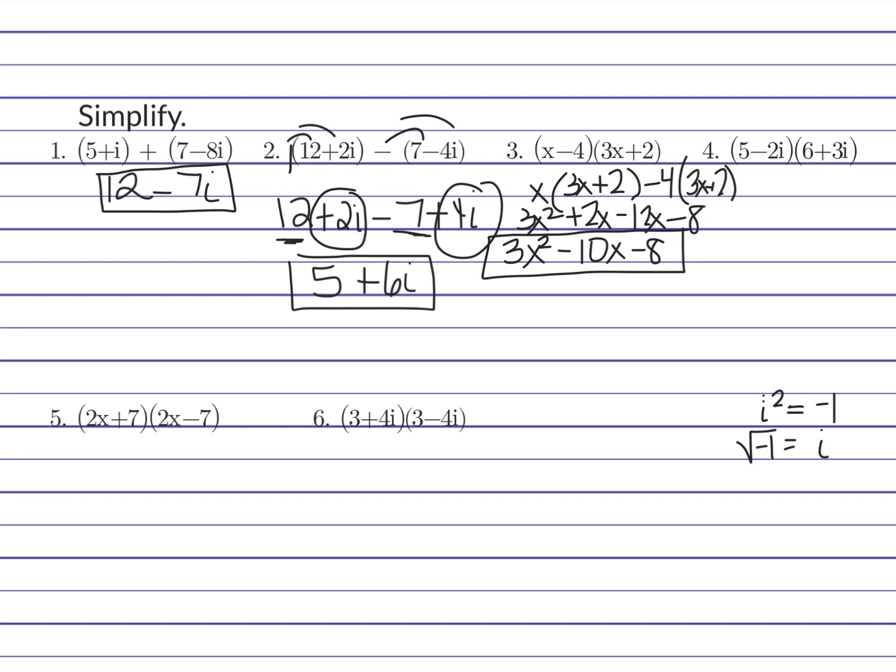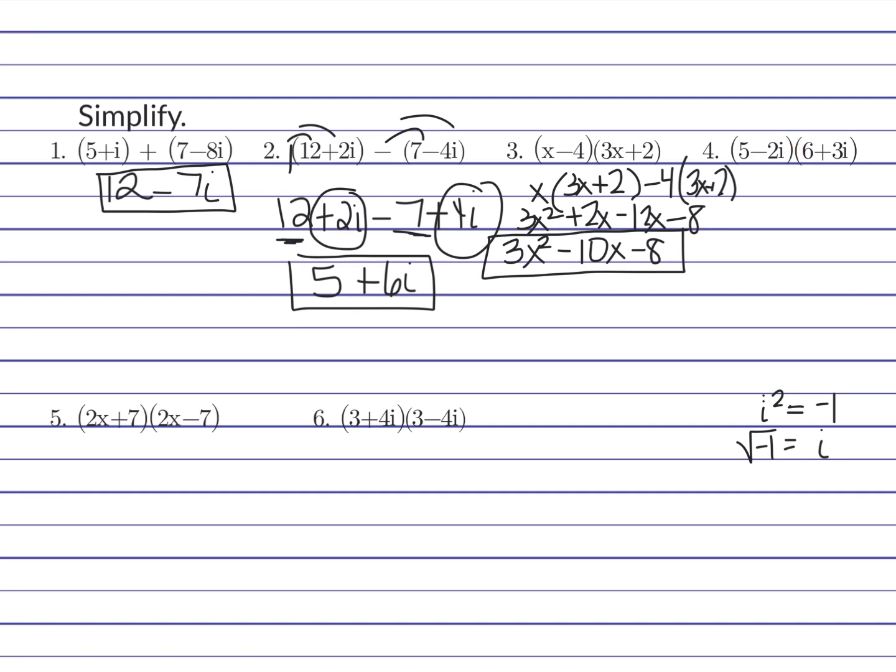But if you look at question 4, I have 5 minus 2i. There's that complex number, imaginary unit i. 6 plus 3i. I use the same process. I am multiplying. I'm not adding or subtracting the way I was here. I am multiplying.